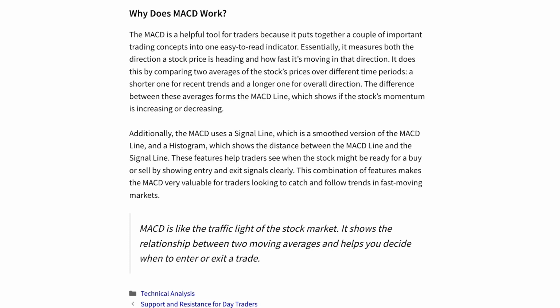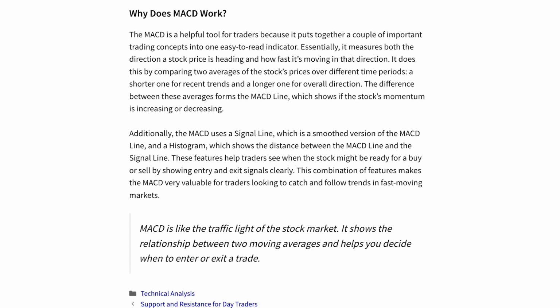Obviously, if it's positive, then the shorter average is getting more momentum than in the past 26 days. And if it's negative, then it means that in the 12 days, it's less than it was in the 26 days. So I think we covered that. And additionally, the MACD uses that signal line, which is a smoothed out version of the MACD line itself, and the histogram, which shows the distance between the MACD line and the signal line.